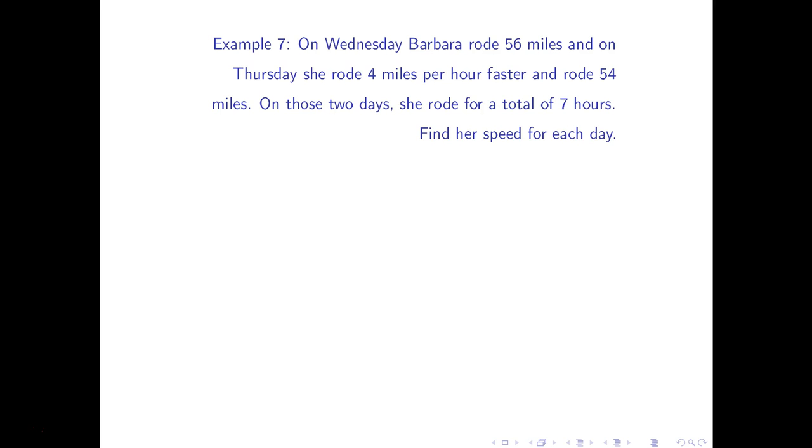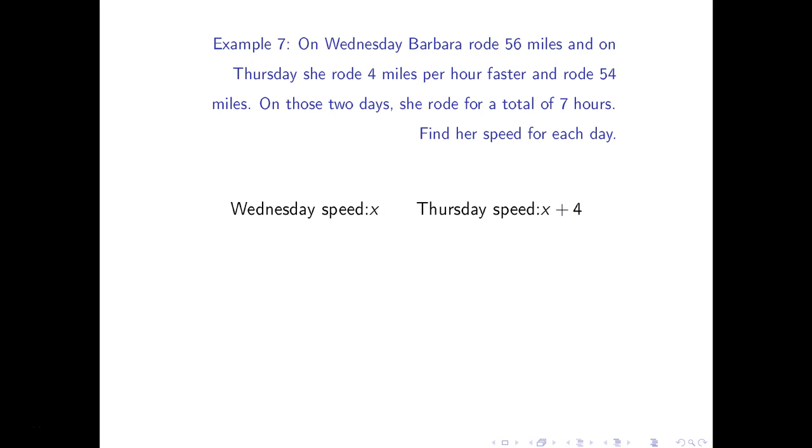Well, let's just start by picking a variable for her Wednesday speed. How about X? So what's your Thursday speed then? Since these are the things I'm looking for. Well, you can say it's X plus 4 because remember she's going 4 miles per hour faster.